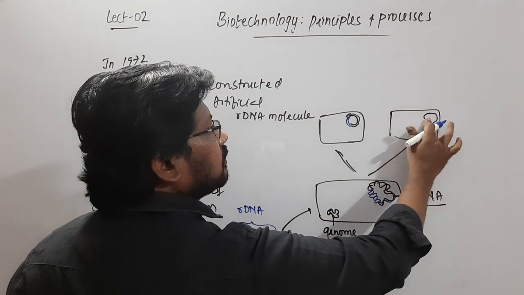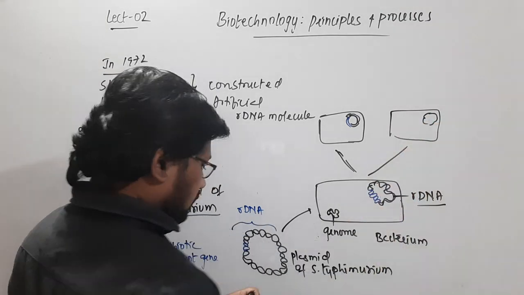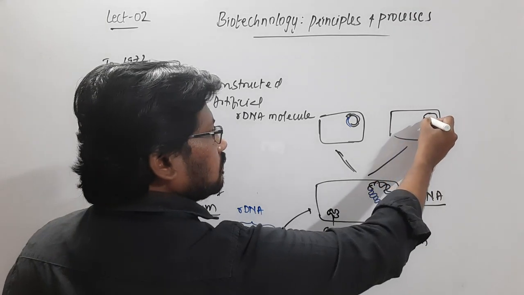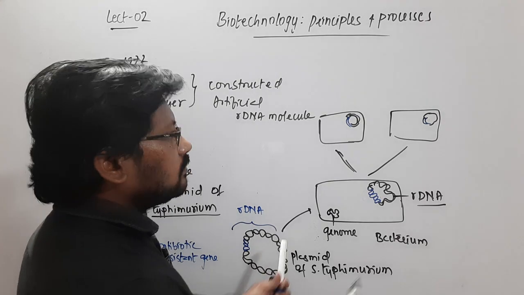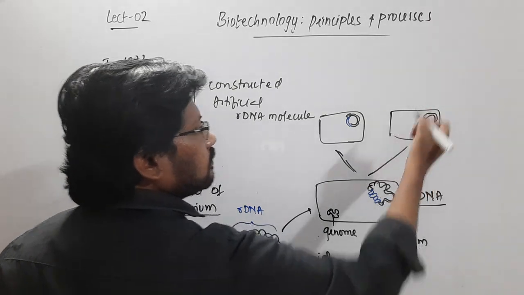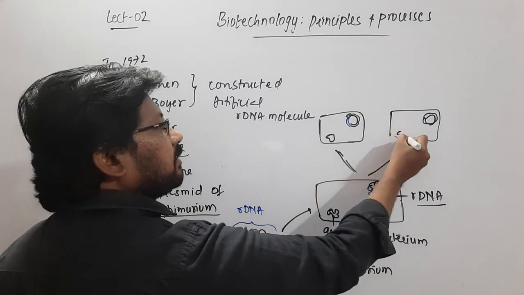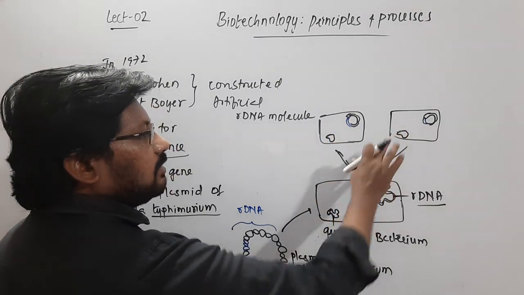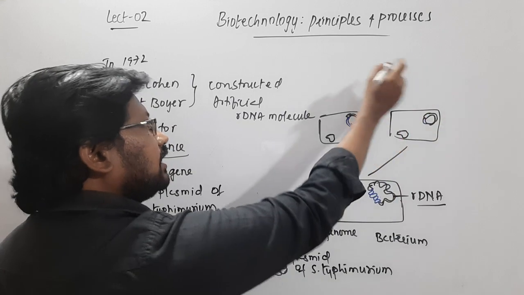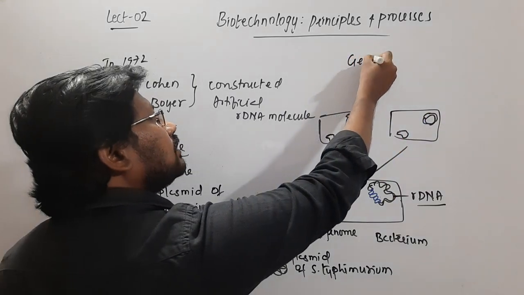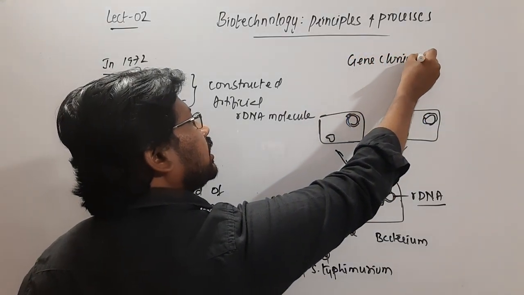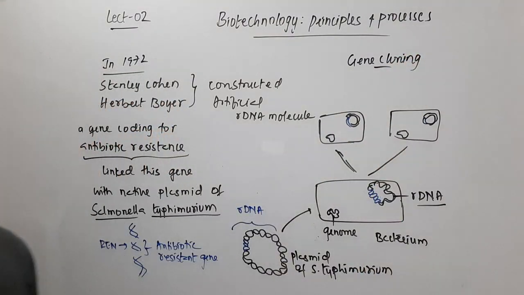I'm just mentioning it in this way. You can see, because all of this remains the same, this rDNA will also get multiplied. So this is what we call gene cloning. It's called gene cloning.